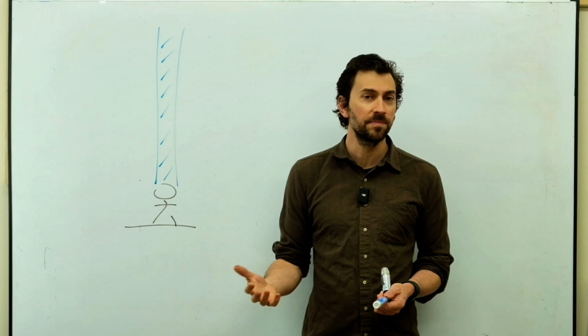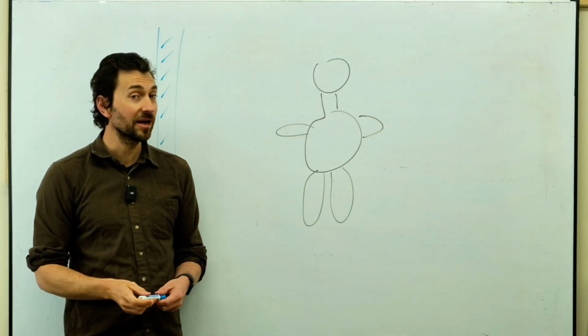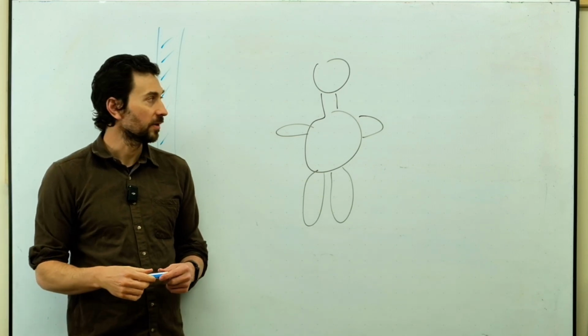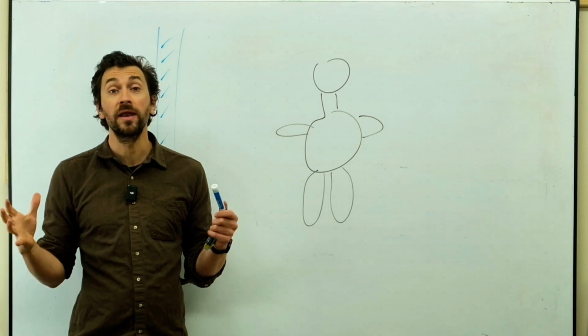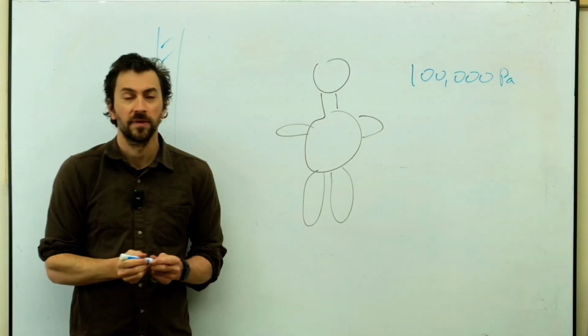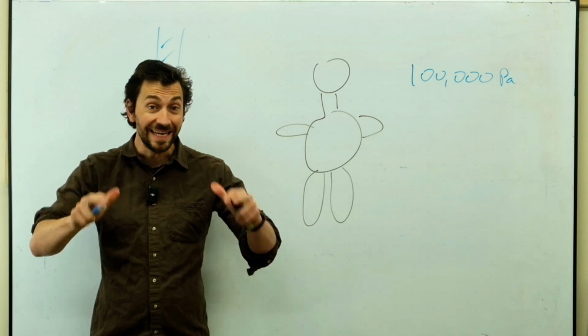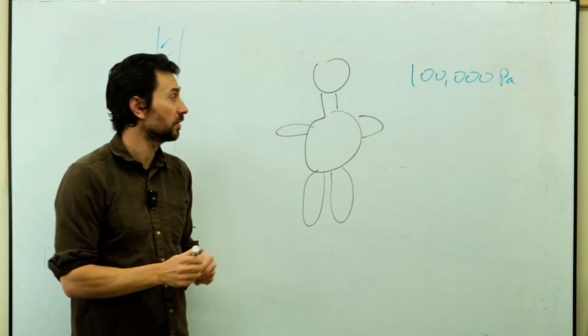Well, what's happening is something similar to what I said about the gauge. So here's a diagram of you, and outside you is, I'm sorry, I'm not very good at drawing. Outside you is 1 atmosphere of pressure, 100,000 pascals of pressure.